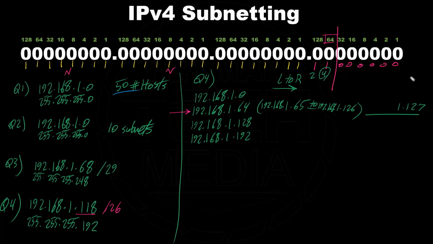The number of hosts: going from right to left, starting at the bottom, 2, 4, 8, 16, 32, 64, minus 2, 62. So this CIDR notation of /26, or this subnet mask, will give us 4 subnets. Every subnet can have 62 available IP addresses.